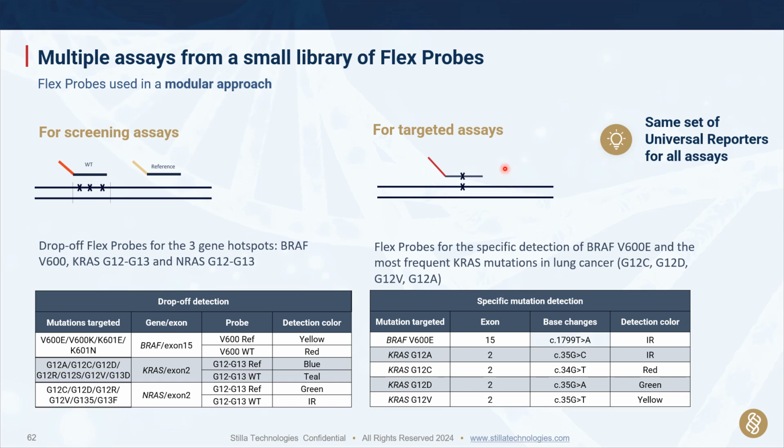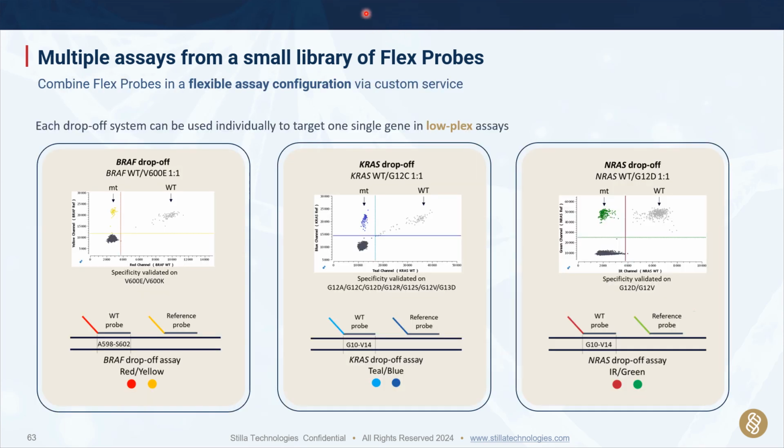So you can use both of these assays. You can use the same reporter molecules, universal reporters, for all of these assays. In this specific slide, you can see a typical example of these types of probes being used in drop-off assays for the various BRAF, KRAS, and NRAS mutations.